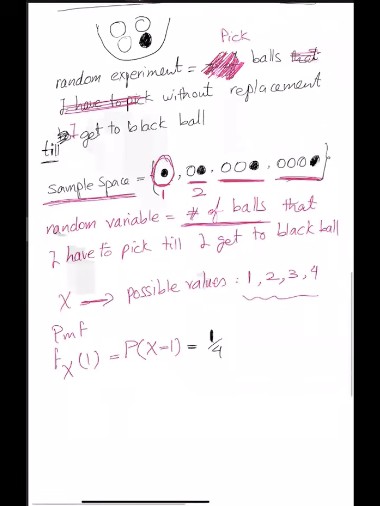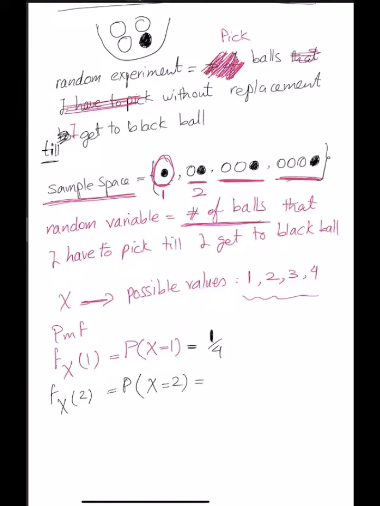So 1 over 4 is the probability that the first ball that we pick happens to be the black ball. All of the balls have the same chance to be the one that we pick. And what is the chance that it's the black ball? 1 over 4.